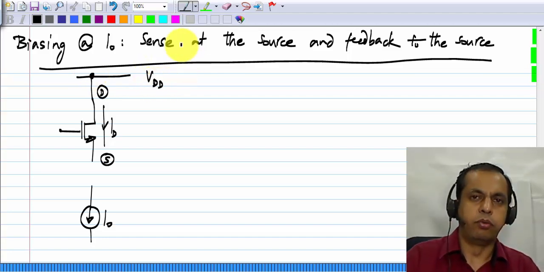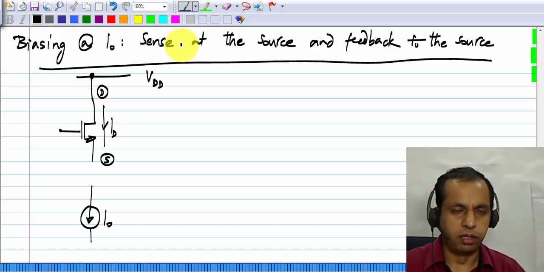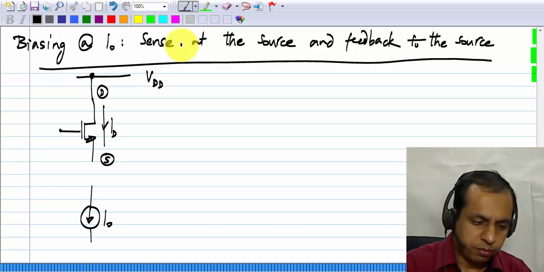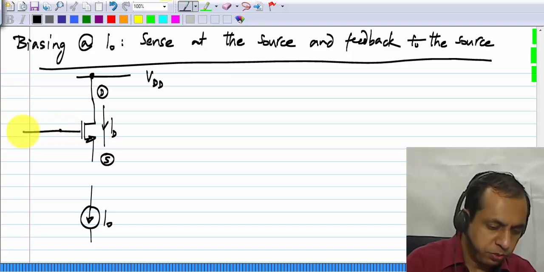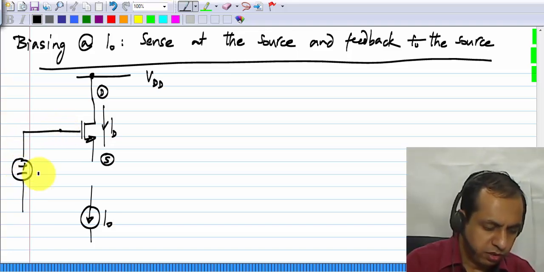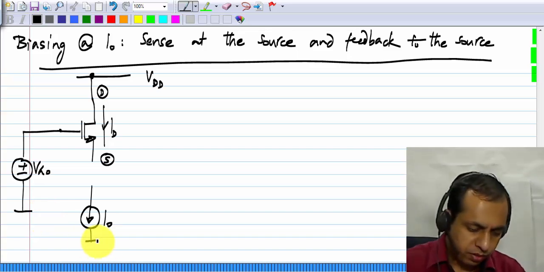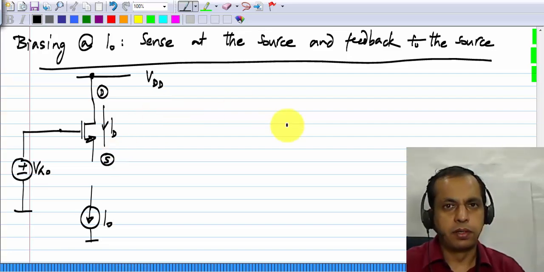Later when we realize circuits using it, it'll have to be changed, but for now I'll concern myself with biasing and connect it to the supply voltage VDD. And because we are applying feedback to the source, the gate is connected to a fixed voltage. You can call it VG0. First let's see what must happen.